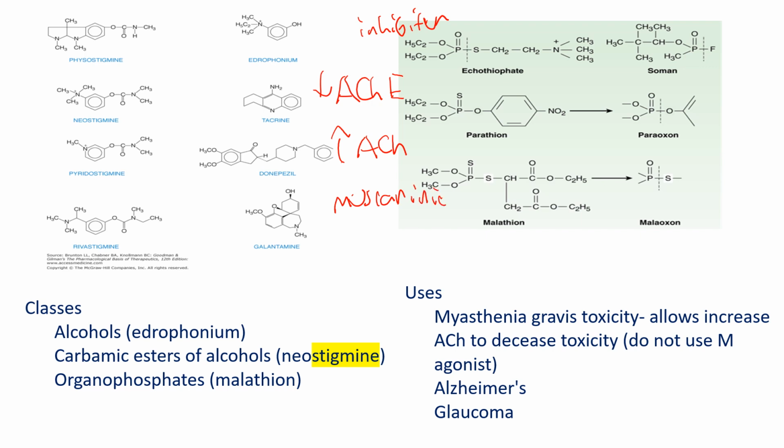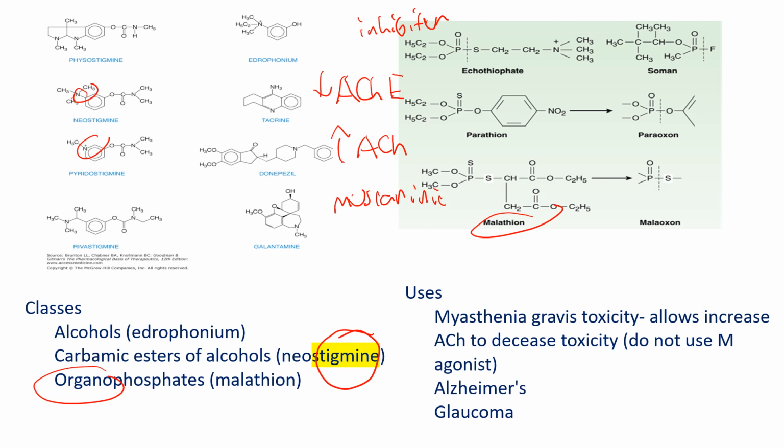So there's a few classes of these drugs. The most common you're going to see are the stigmines. These are your carbamic esters. And there's a few others, such as the organophosphates. Malathion is probably the main one. You can see also, similar to other drugs we've been looking at, some of these will have positively charged nitrogens, dictating whether or not they would cross the blood-brain barrier.